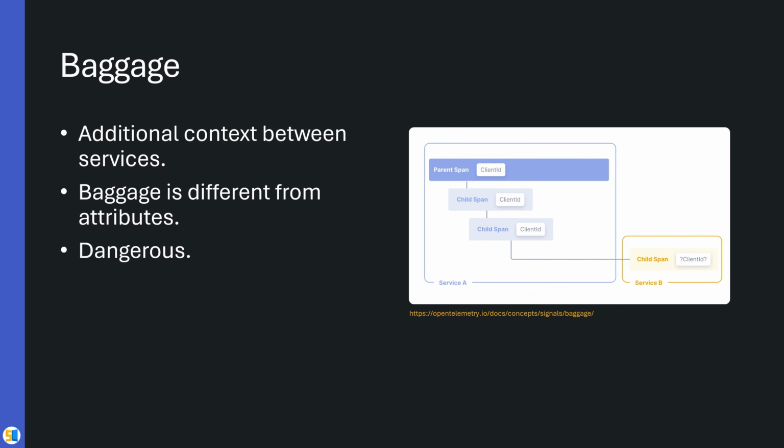Yes, it's dangerous because if you set sensitive information and then you export it to third-party vendors, right? Those third-party vendors technically can also extract the same baggage information. And baggage here is not new technology, it's a W3C specification basically.